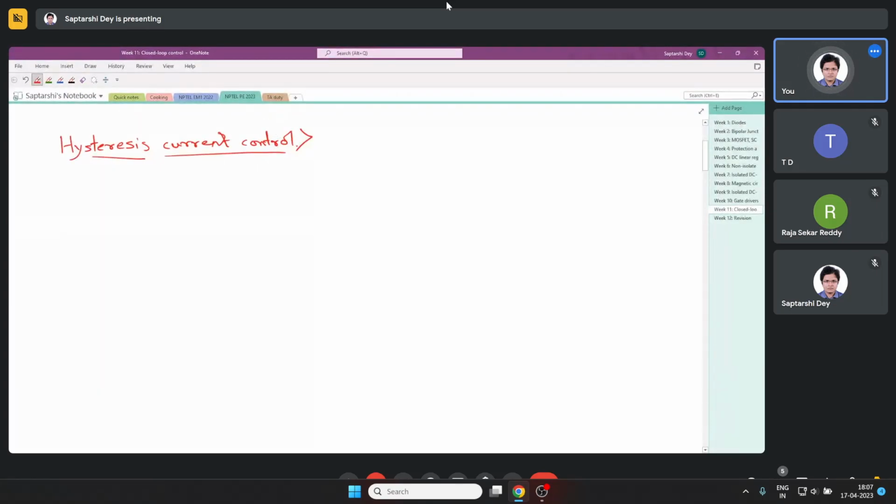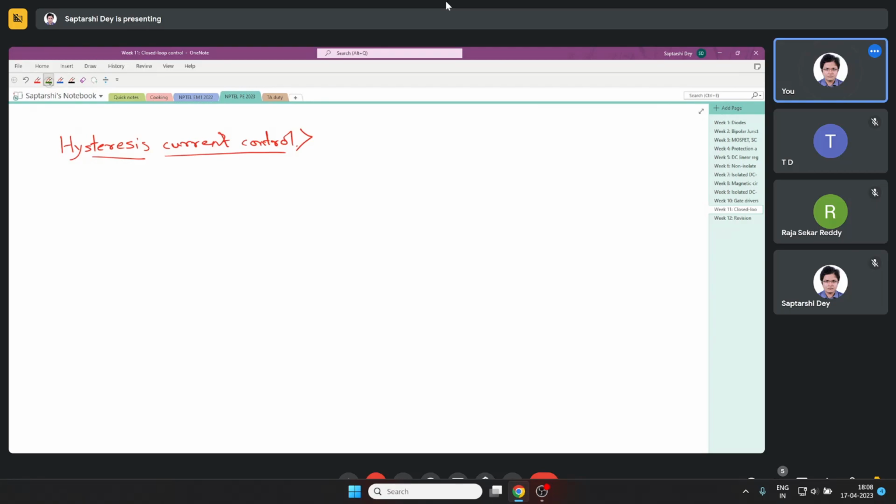It is by default stable current control. Under no circumstances will this go to the unstable zone, given that the current limits you have given are within the stable zone. What I mean is, if you use this kind of current control, your current will never go beyond the band that you wish it to be in.